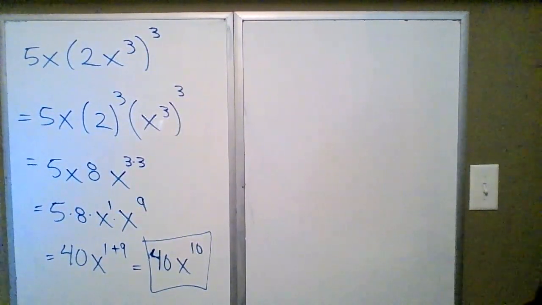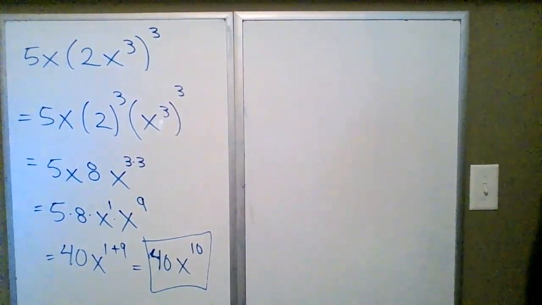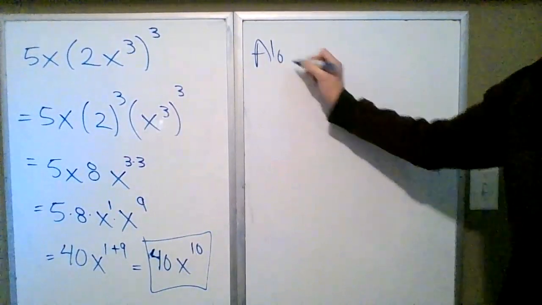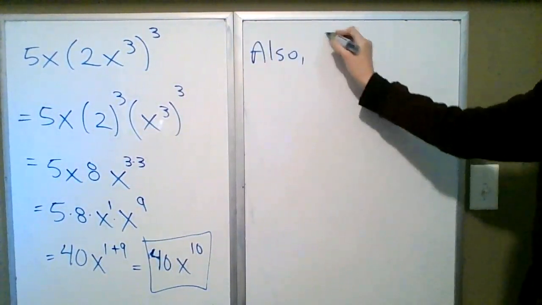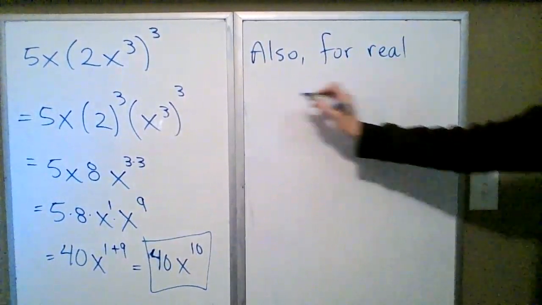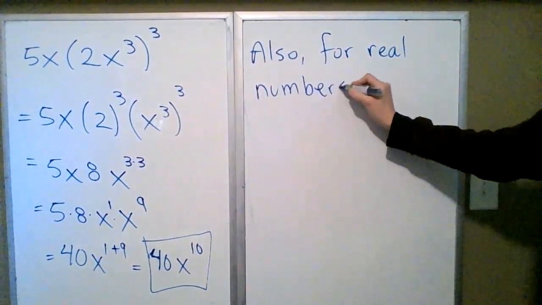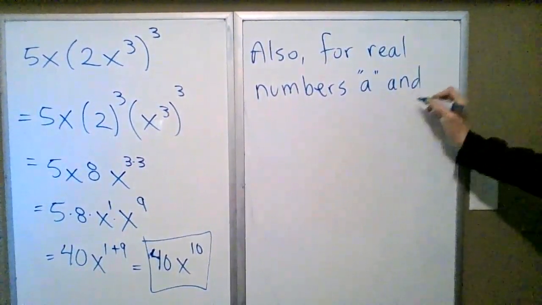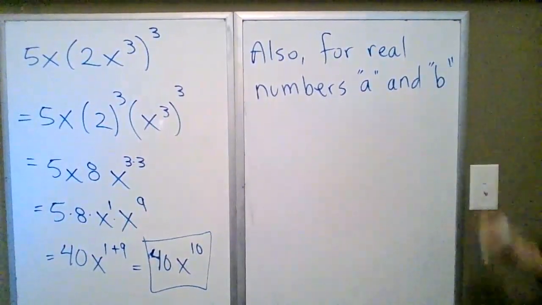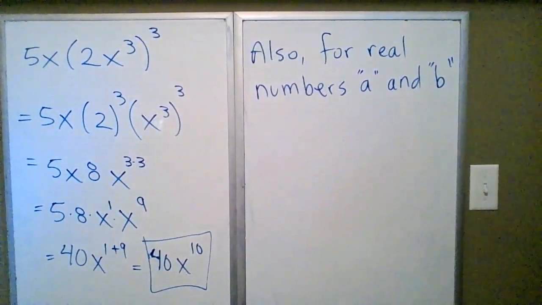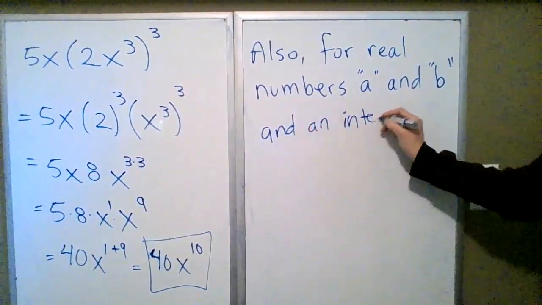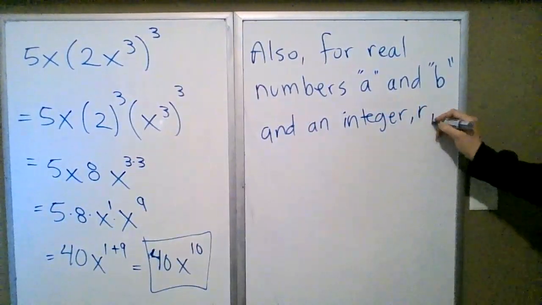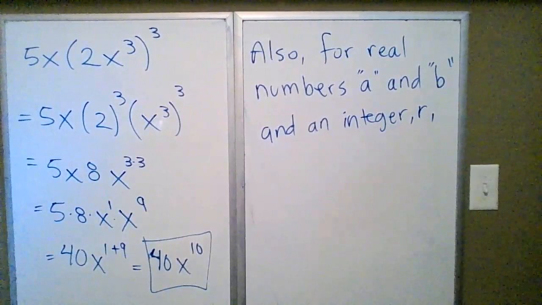There's another part to this property. For real numbers a and b, and an integer r, a divided by b to a power r is a to the r over b to the r.